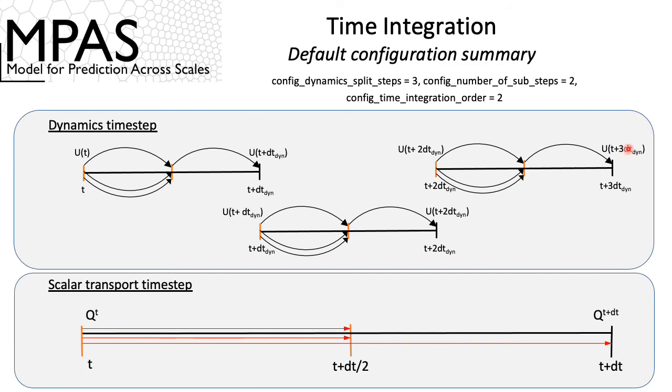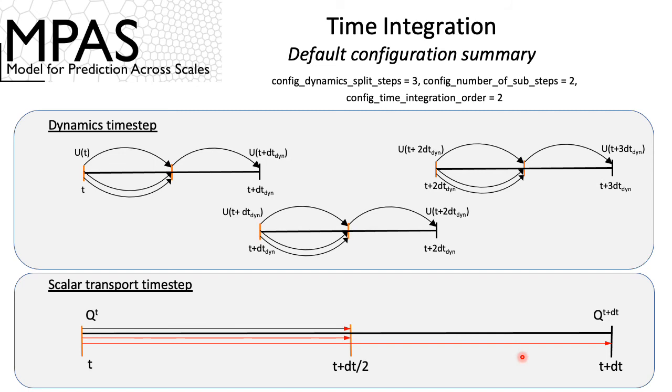When we finally get to here, we go down and then integrate the scalars forward in time. So this is the time step integration graphically presented for the default configuration of MPAS-A.